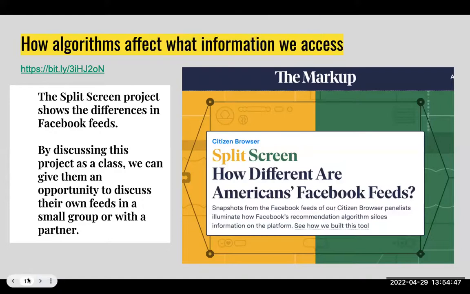Okay, so getting back into these examples, I should mention that I also like to show the split screen to students, but actually as a precursor to them talking about their own feeds. I think showing them the differences between Facebook feeds is really nice, especially having it laid out the way the split screen does, because it allows them to start thinking a little bit more critically about their own feeds.